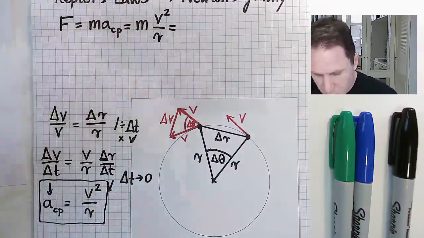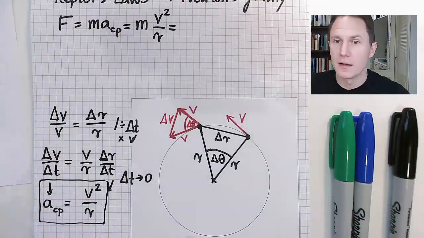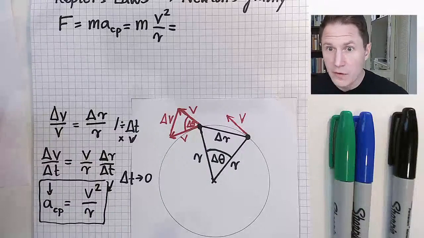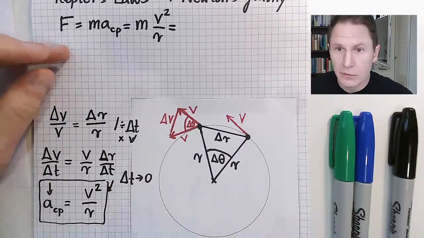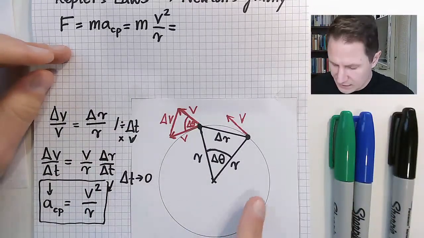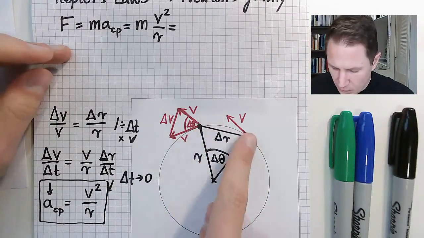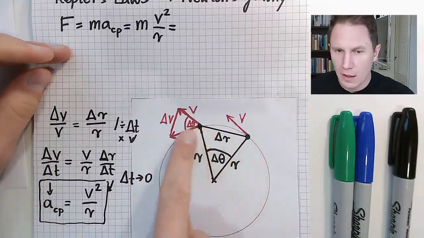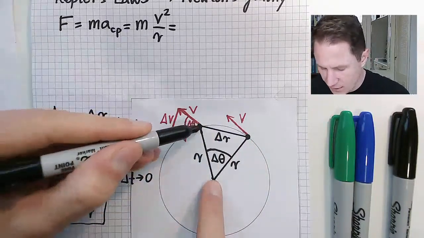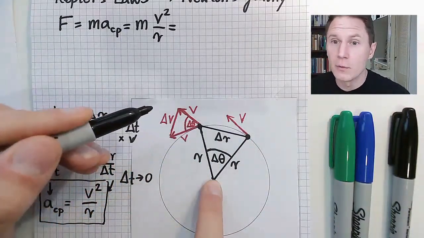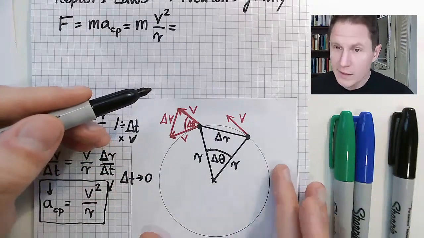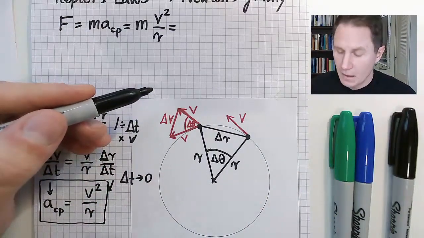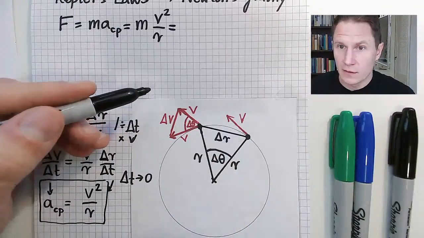According to Kepler's second law, so we will be using Kepler's laws. Right here we have to use Kepler's second law, because what it says is that in equal times it covers equal areas. This line segment sweeps out equal areas in equal times, and when we are talking about a circle, that means that the speed must be constant.